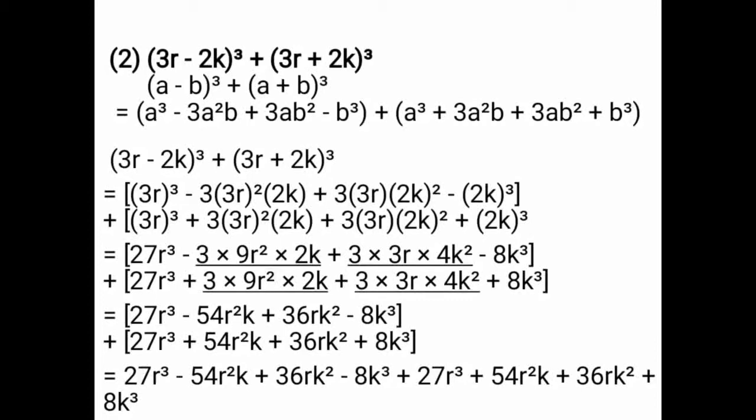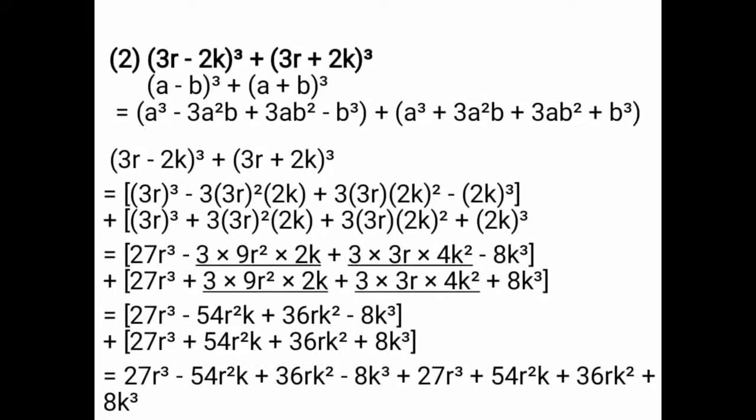Sign will not change in second brackets because plus sign is there in between the expansion of the formula in two brackets. If you have the plus sign in between the expansion of the formula in two brackets, sign doesn't change in second bracket. One in first bracket, you have to write as it is.